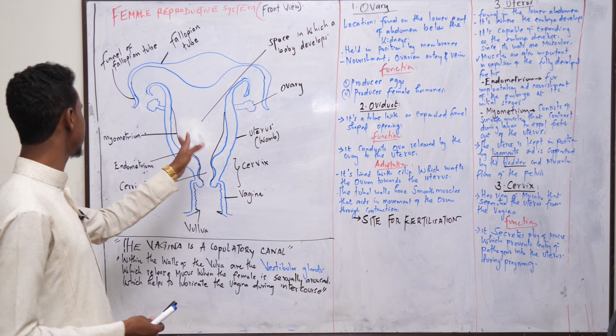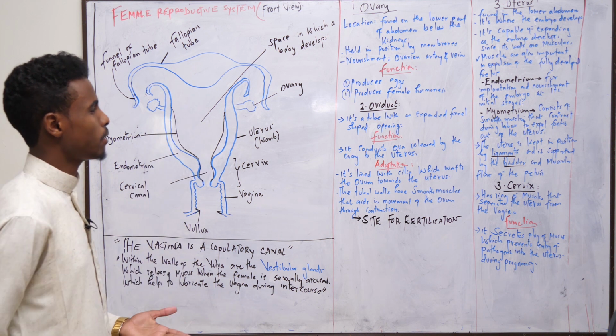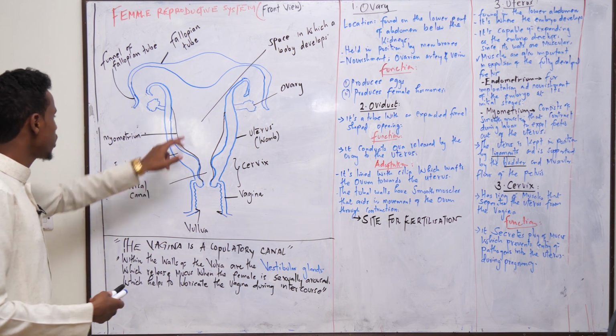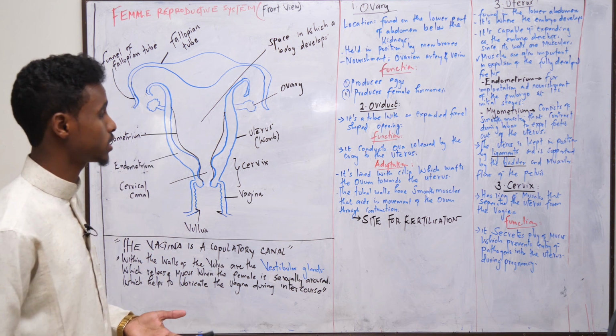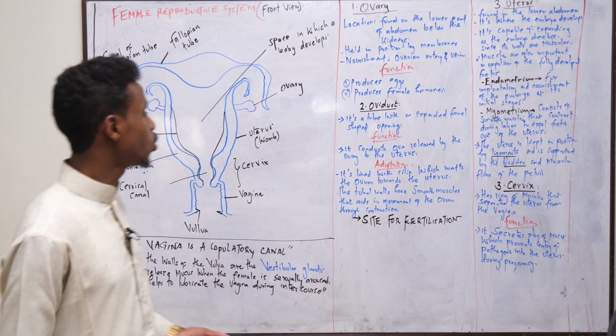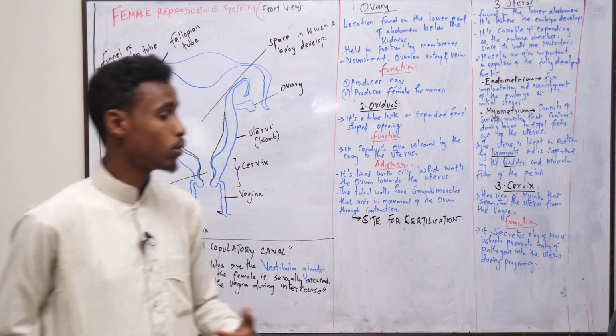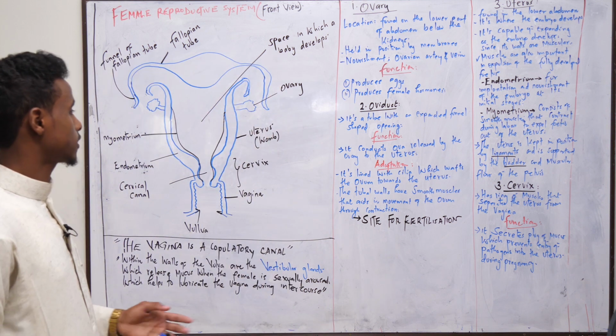Now let's go to the myometrium. The myometrium consists of smooth muscles that contract during labor to expel the fully developed fetus out of the uterus.